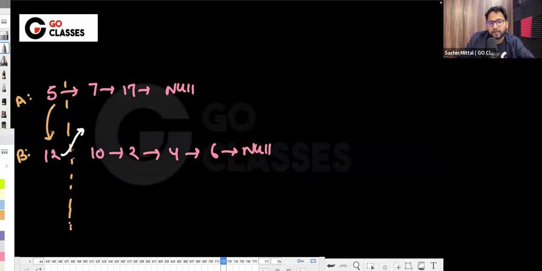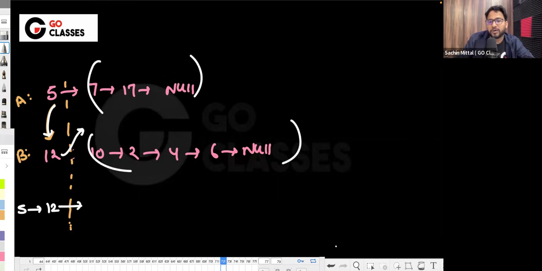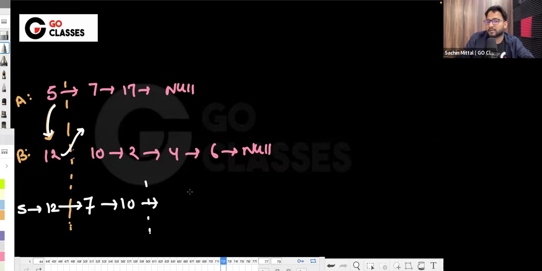So see here, 5 is pointing to 12, and now 12 is waiting for whatever the recursion returns. Since you are passing this and this linked list in zip, the recursion will return the pointer to the first linked list, which means it will return 7. Because of the recursion, 7 will point to 10, and then 10 will be waiting for whatever the recursion returns.